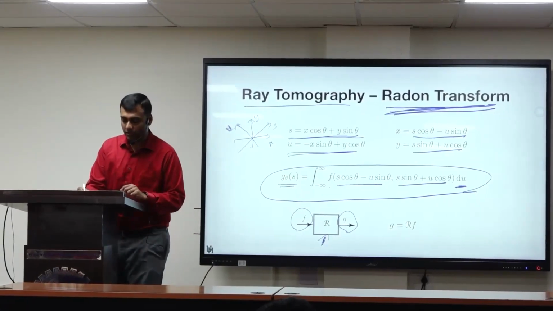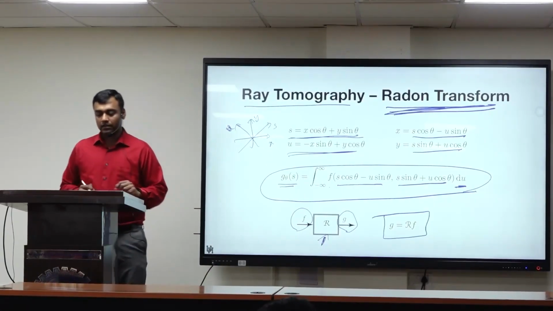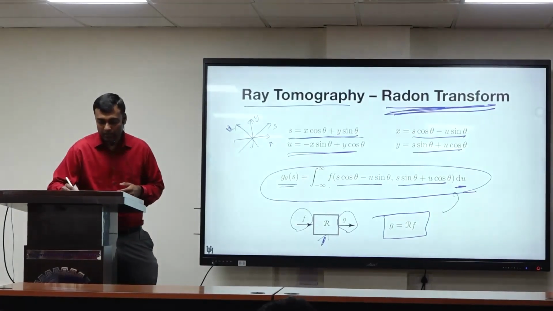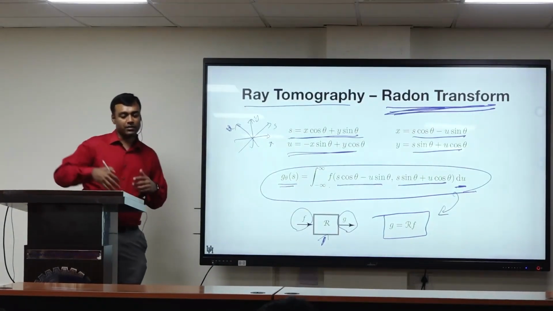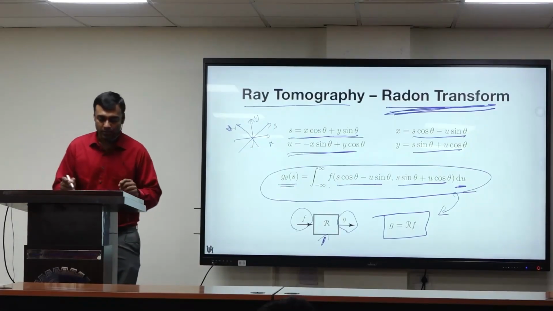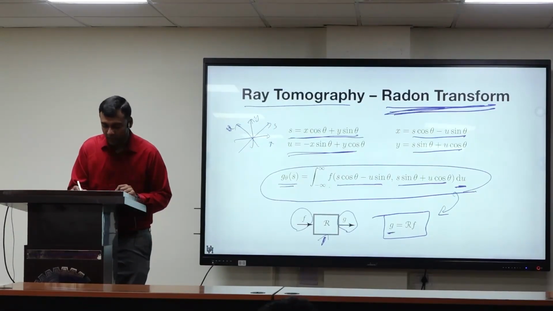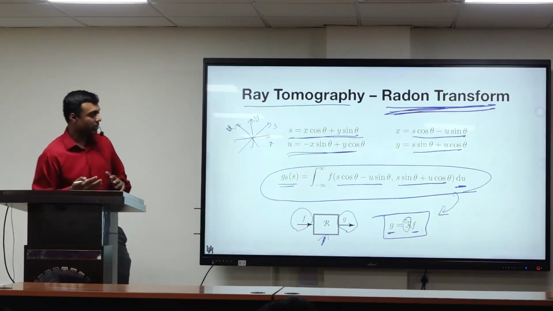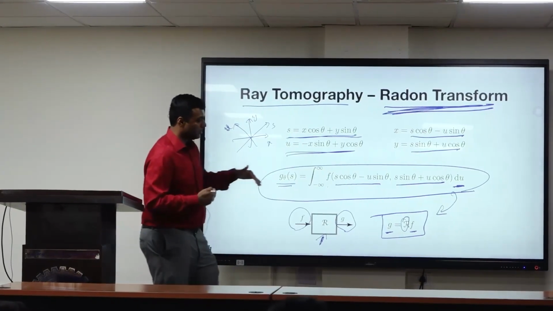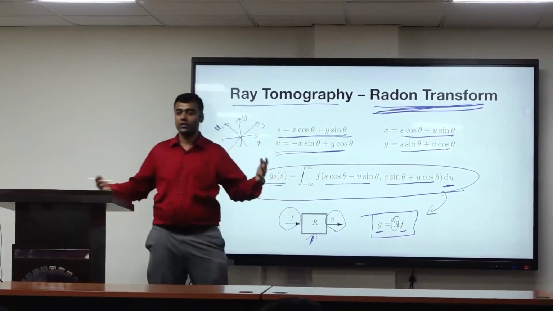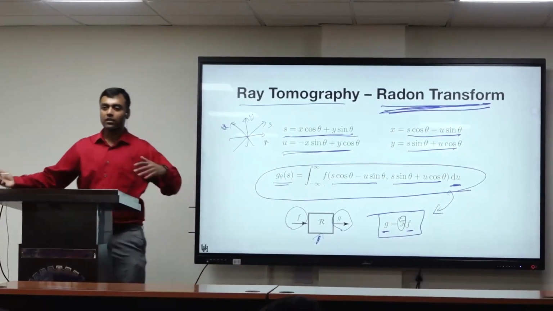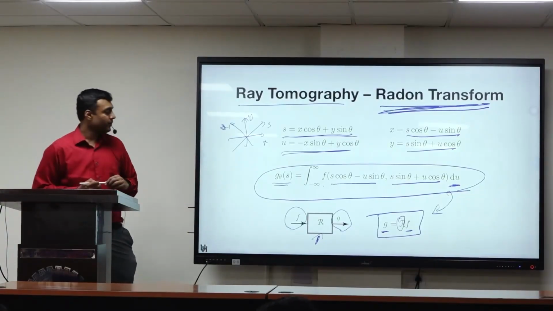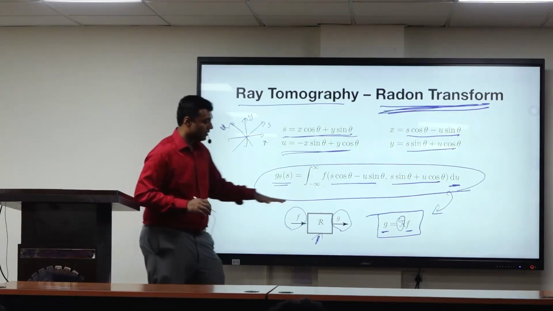Another way to write it in shorthand is what is called operator notation. The data G is related to the object F, and R is the radon transform, the operation that connects the object to the data that you have collected. So this is the forward radon transform.